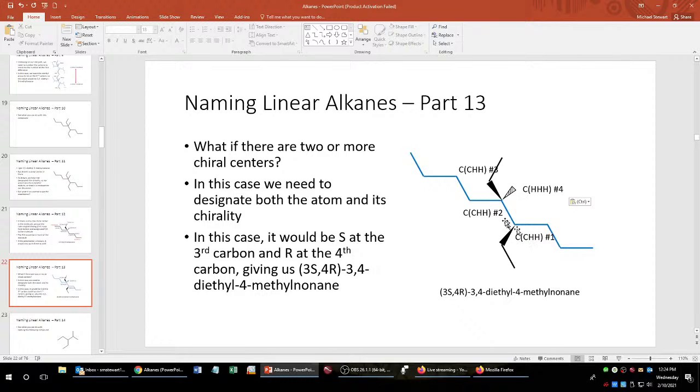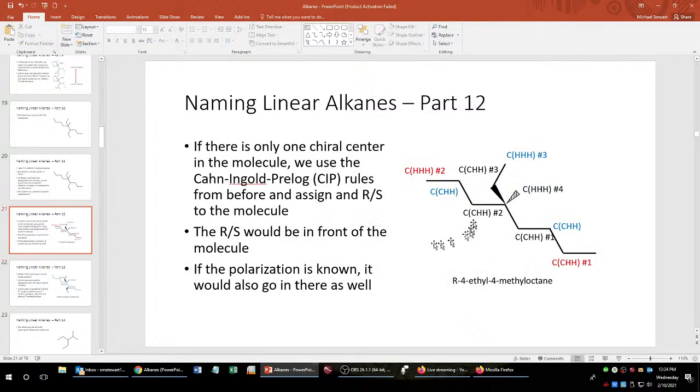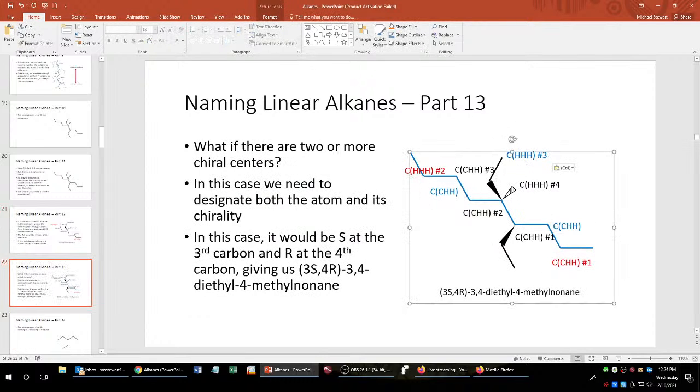So let's focus on this carbon here. Again, this one's a methyl group, CHH. This is an ethyl group. Oh, actually, so yeah, with this one, hold on, let me copy over all my little notes. This one gets a little bit easier.